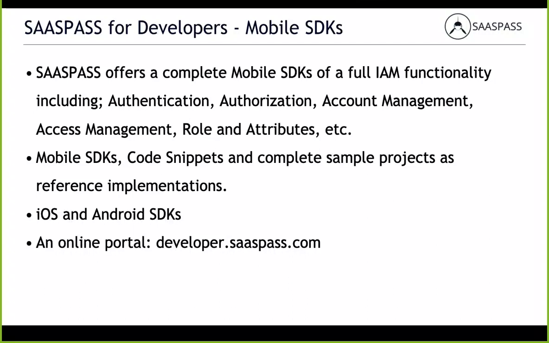You can just import those libraries into your iOS or Android project and follow the instructions that we have on developer.saaspass.com under the mobile SDKs section. Again, you have to get some parameters from the SAASPASS admin portal, and then you will be able to integrate your application. The code snippets and the complete sample projects are also available there.